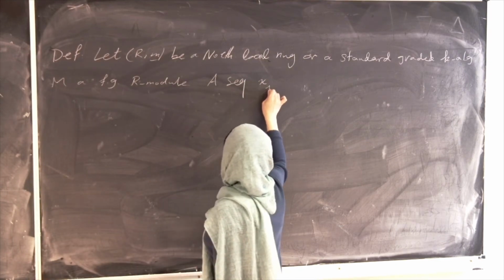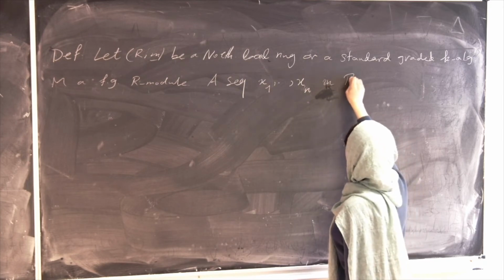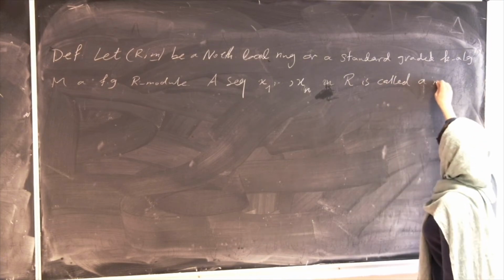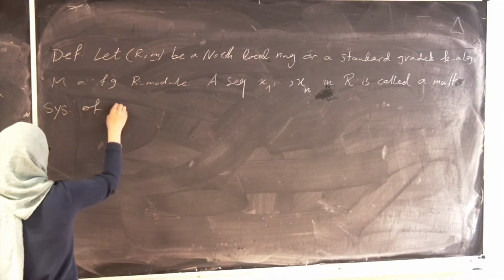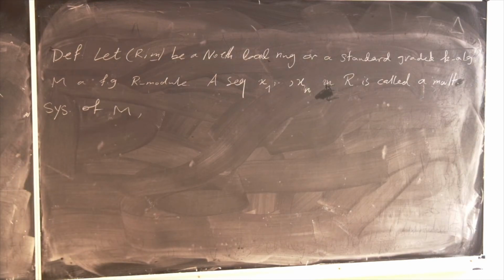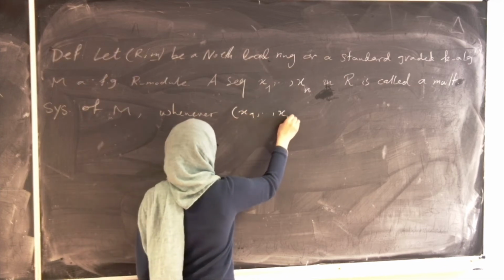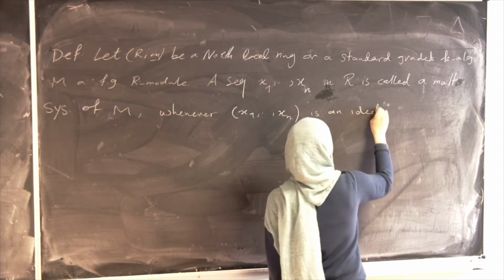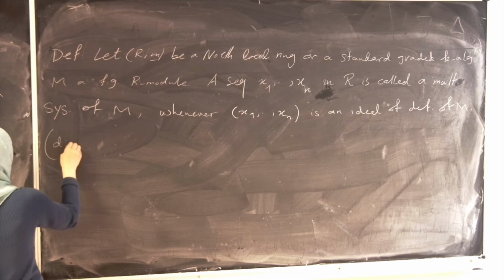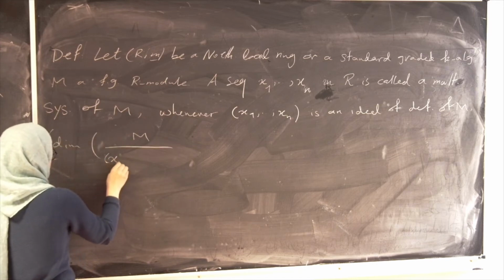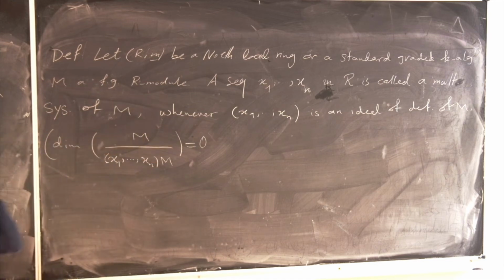We call a sequence x1 up to xn in R a multiplicity system of M whenever the ideal generated by this sequence is an ideal of definition of M. Or simply, the dimension of M modulo (x1, ..., xn)M is 0, or the length of this module is finite.